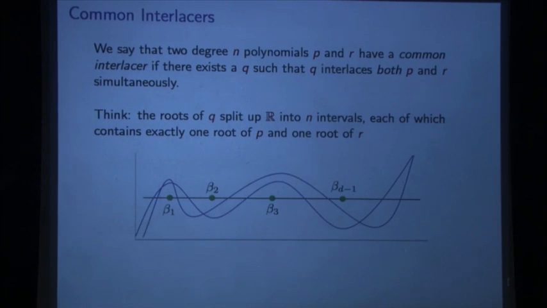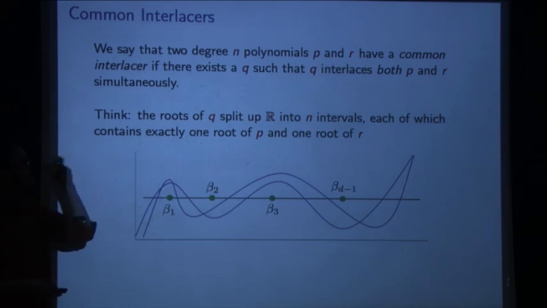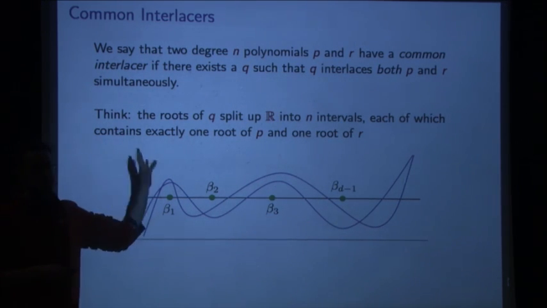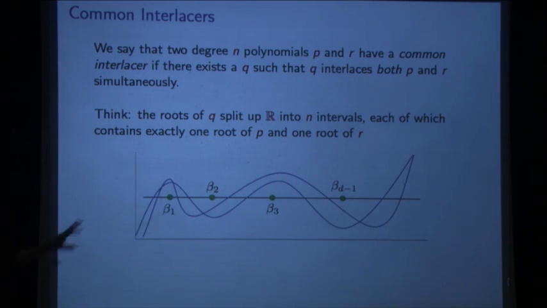So I want to say that two degree n polynomials p and r have a common interlacer if I have this q which interlaces both p and r simultaneously. The way to think about it is the roots of q split up the line into n different intervals, and each of those intervals needs to contain exactly one root of p and exactly one root of r. Something like this.